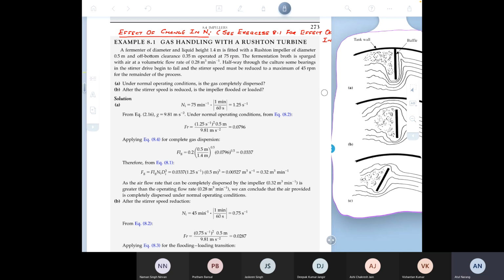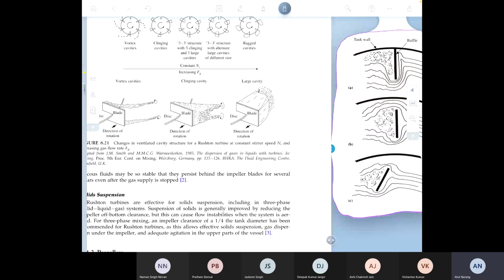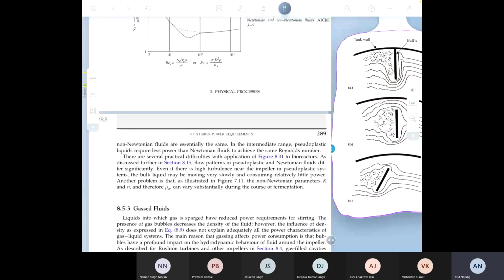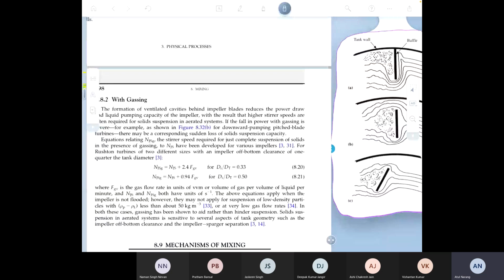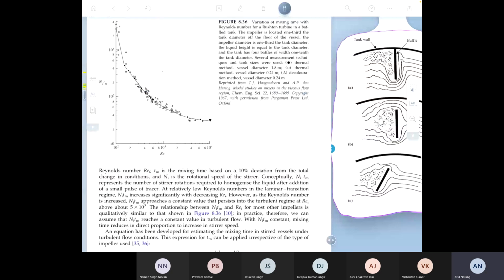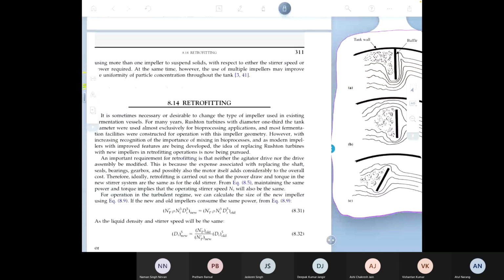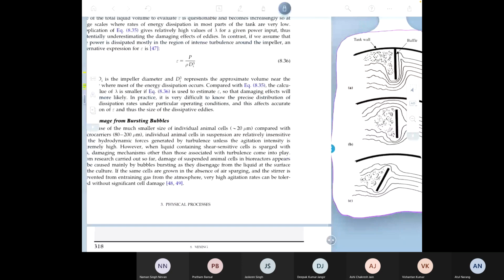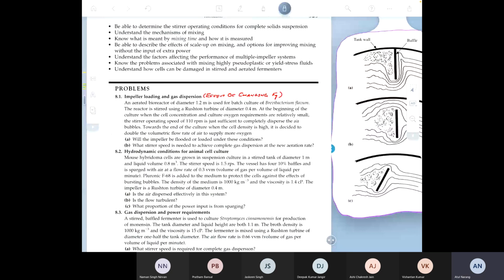If you go to exercise 8.1, this is what happens when suddenly the gas flow rate changes. And these are both realistic scenarios. By realistic, I mean that they do happen. So the second one, actually, the exercise is a bit more realistic than this one. So look at problem 8.1.